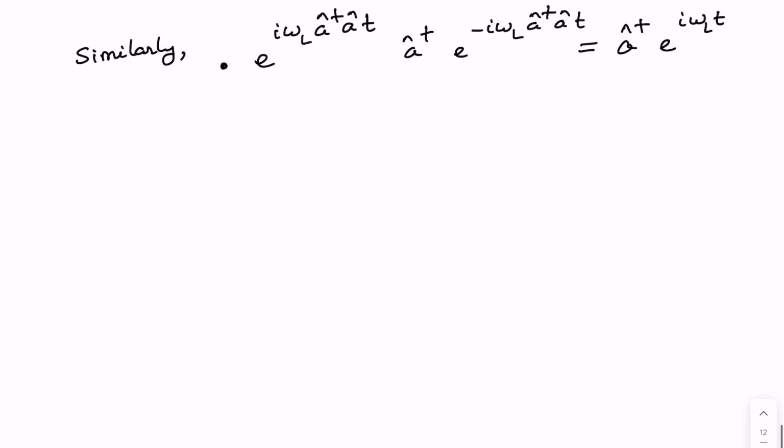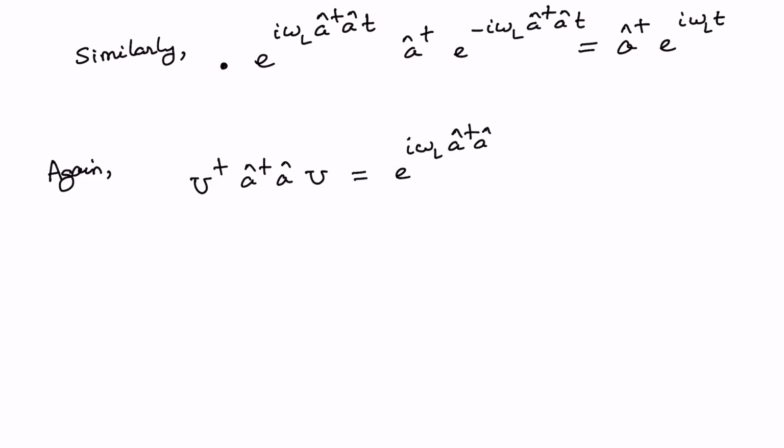However, you have to work out this also. Again, you have to find u dagger a† a u. This is very easy to work out. You have e to the power i omega_L a† a t, a† a, then u is e to the power minus i omega_L a† a t.